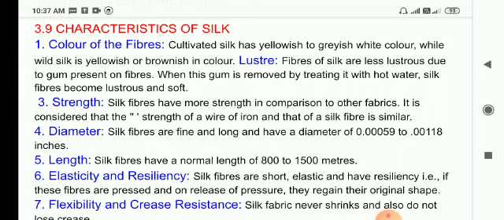The sixth property is elasticity and resiliency. Silk fibers are elastic and have resiliency, that is, if they are pressed, on release of pressure they regain their original shape.